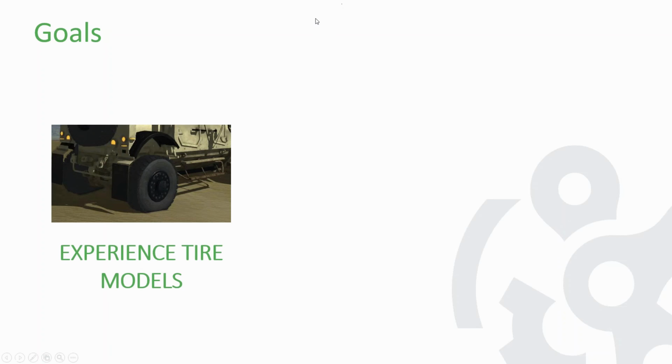Certainly, GP. So for the show, we had a couple of goals. The first one was to allow the tire models to be experienced by people. It's something that we brought in on Vortex 6.8, which allows you to simulate tire contact with the ground.